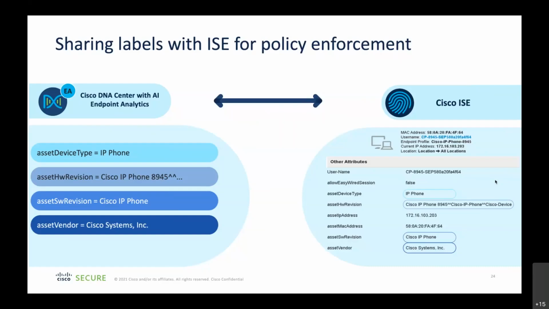If you'll remember earlier, I talked about the multi-factor classification table and the fact that we classify endpoints into those 4 buckets: device type, hardware model, operating system, and manufacturer. And on the left-hand side, you can see those 4 buckets and profiles. And if you look on the right, you'll see that these profiles in corresponding value pairs are shared with ICE.